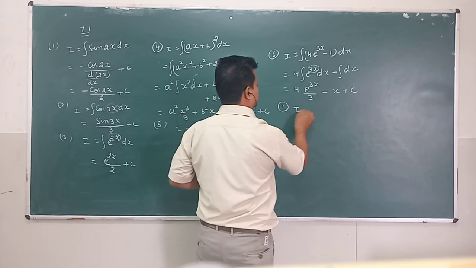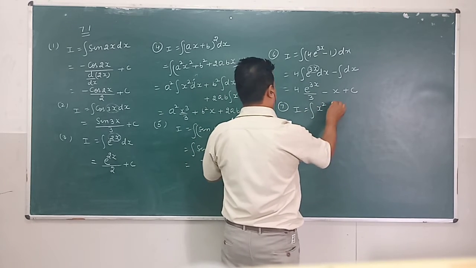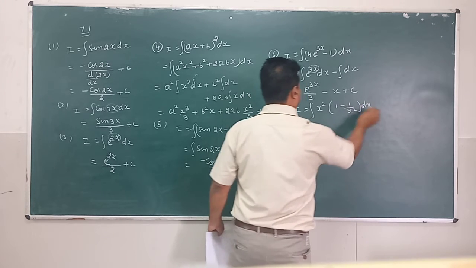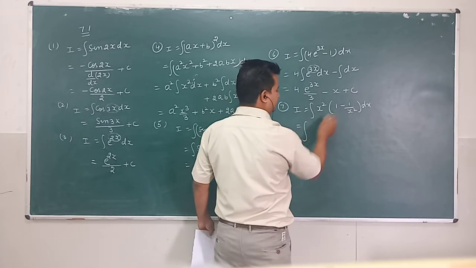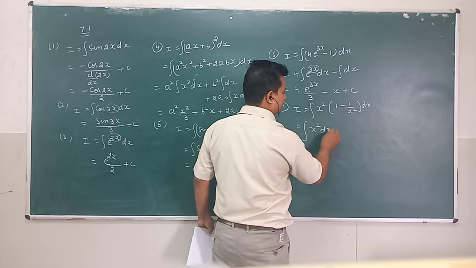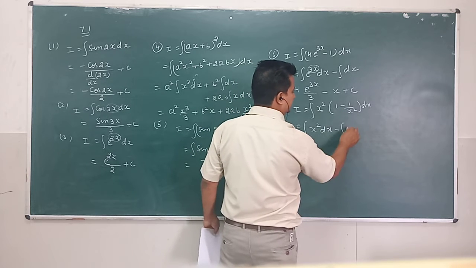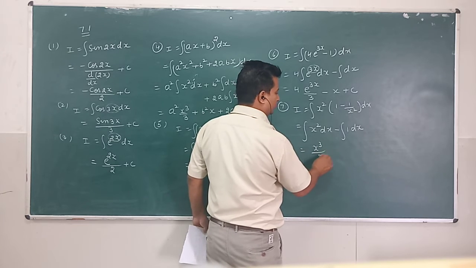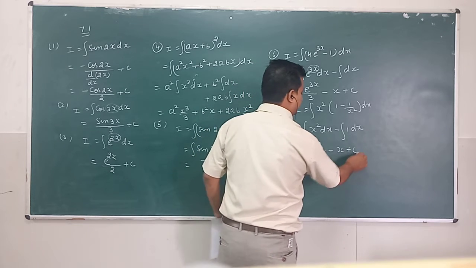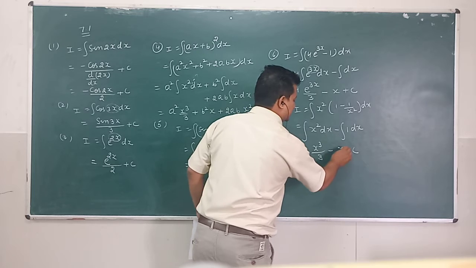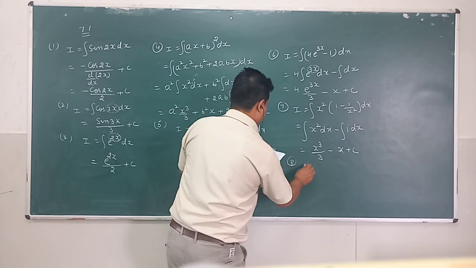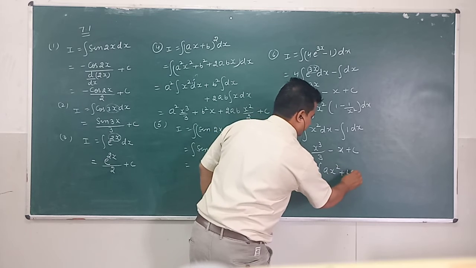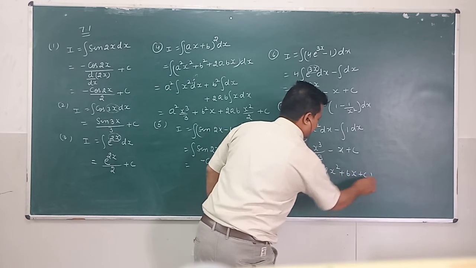In the seventh question, x square (1 minus 1 by x square) dx. When we multiply, this is x square dx minus 1 dx, as the x square cancels out. As we use the power rule, x cube upon 3, and integration of dx is x. This is the answer of question number 7. In the 8th question, the statement is (ax square plus bx plus c) dx.